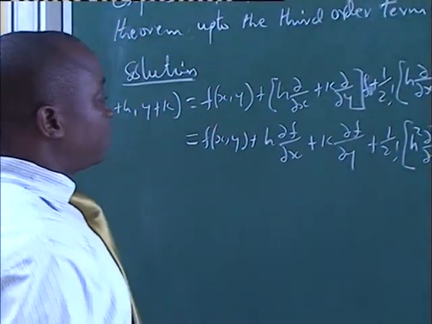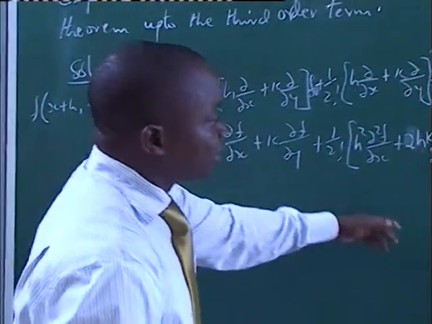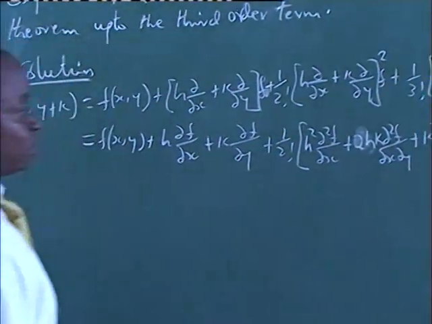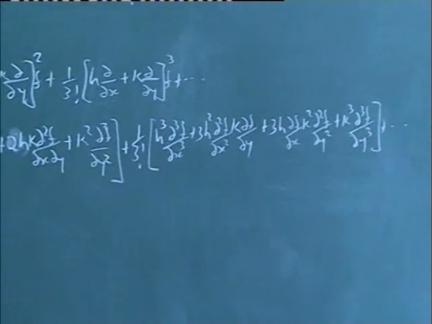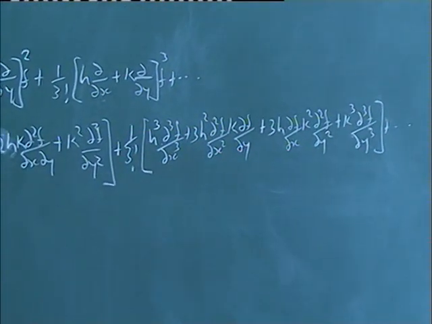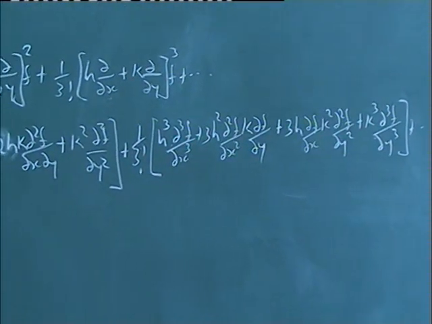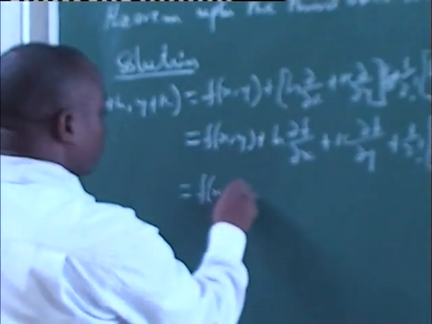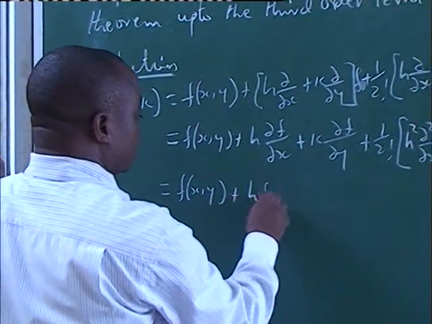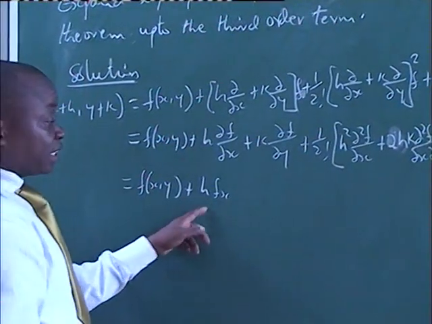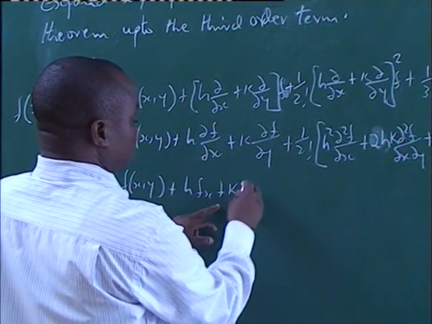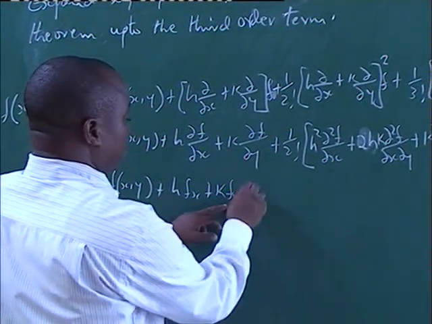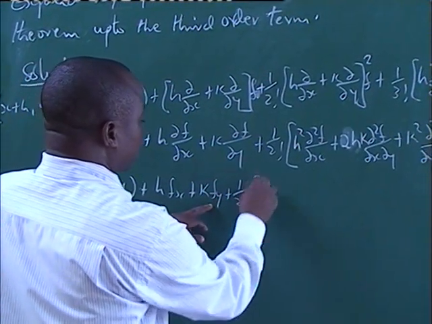Okay. Now this thing that you see here is what we are going to do. We are going to expand so that we use it for this function. Now, we also know that this is the same as f of xy plus h partial f partial x. So I want to simplify it. Plus k, then we have partial f partial y plus 1/2 factorial.